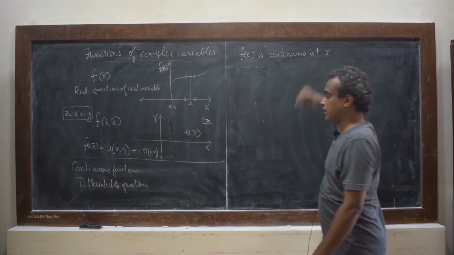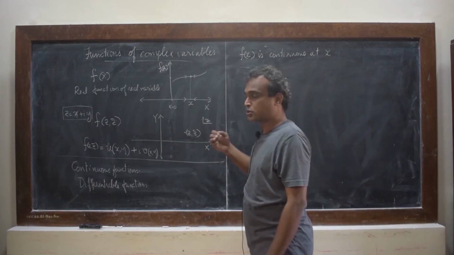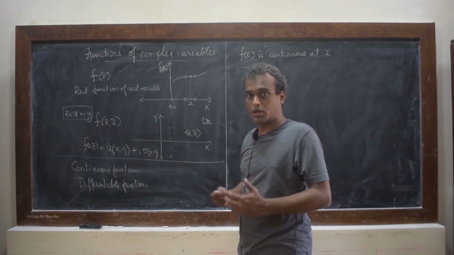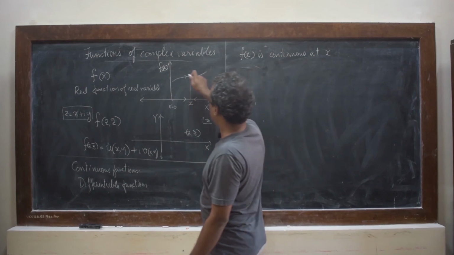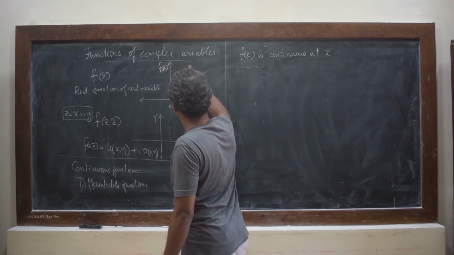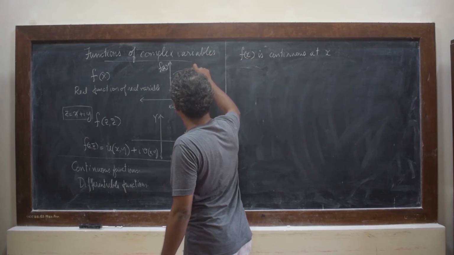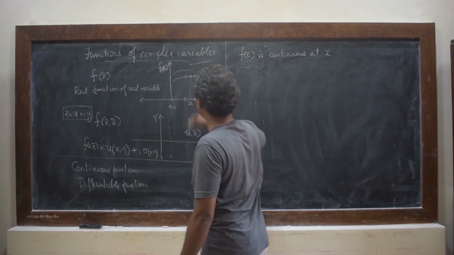at x. In contrast, it is good to look at a function that is not continuous, or discontinuous, at x. Such a function can also be taken. Its curve could look something like this, for instance.